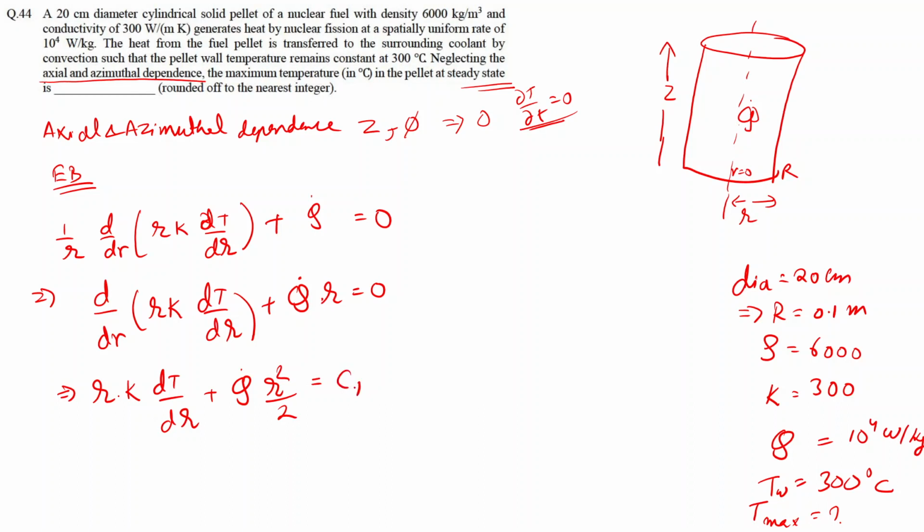Now let's just find the value of c1. So that is at r equal to 0, that is at the center. We can put the value of r equal to 0. So this will become 0 plus q dot into 0 is equal to c1. So that implies that c1 will be equal to 0.